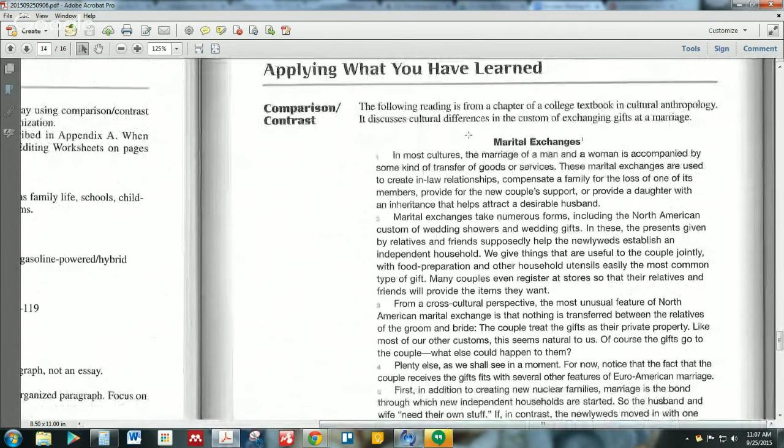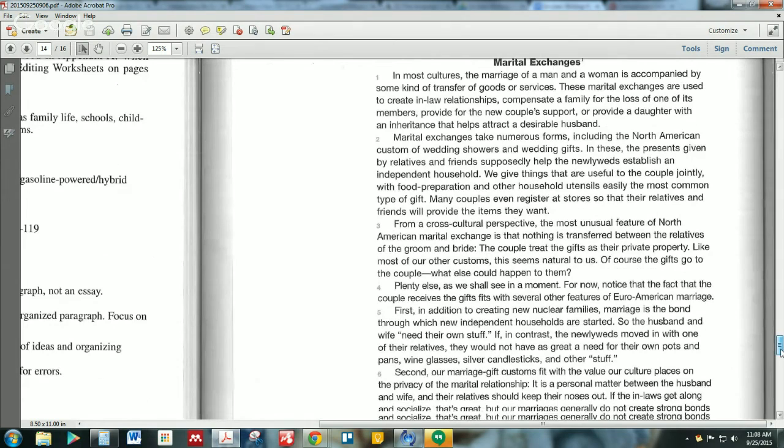So it's one more reading where you need to read through it, and then at the very end are some questions on organization, so you can recognize the outline style and the transitions that are throughout this reading. Whatever you find helpful, try and use in your essay. I'm not going to go through this right now.